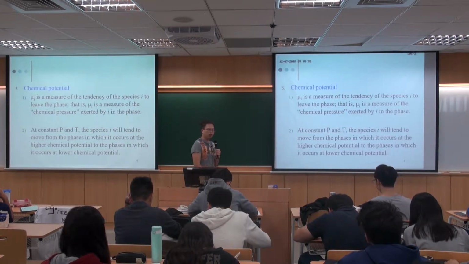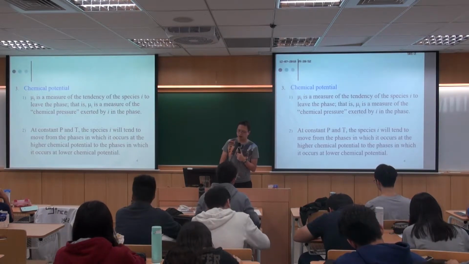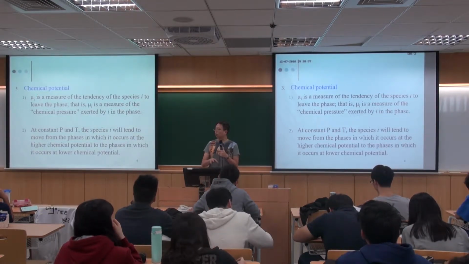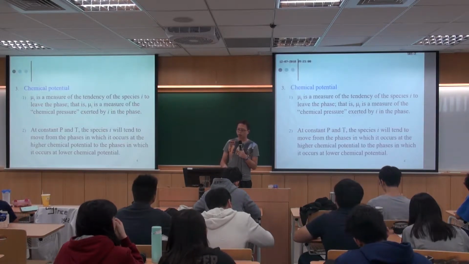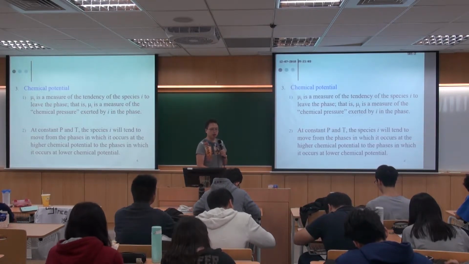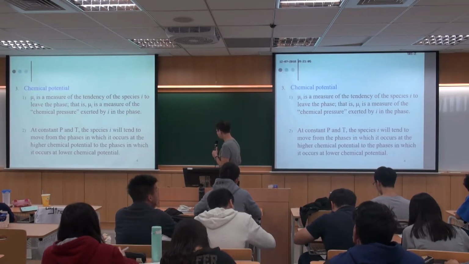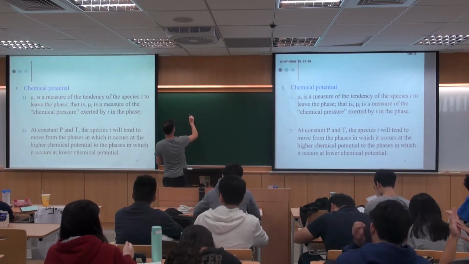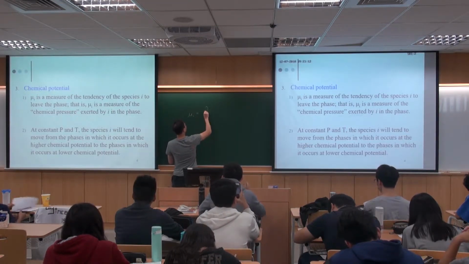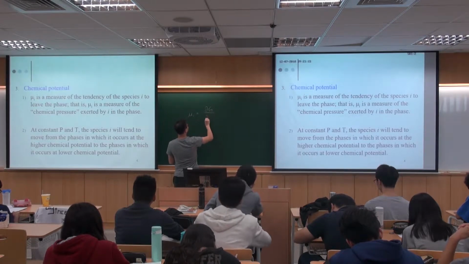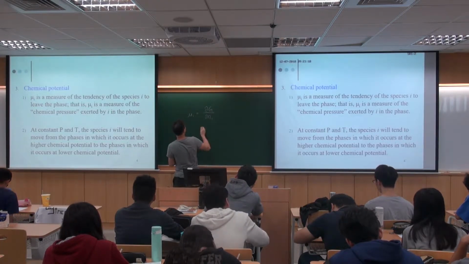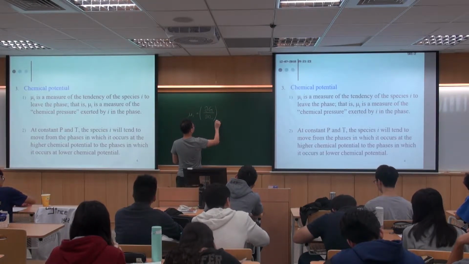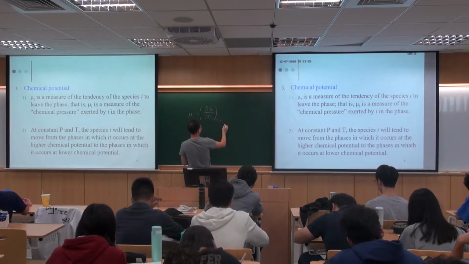But what we learned in chapter 5 is that we also have this chemical potential, which is related to the molar Gibbs free energy of some certain species. And typically we say that it's mu_i, and this mu_i is related to the Gibbs free energy over the size of the species i.